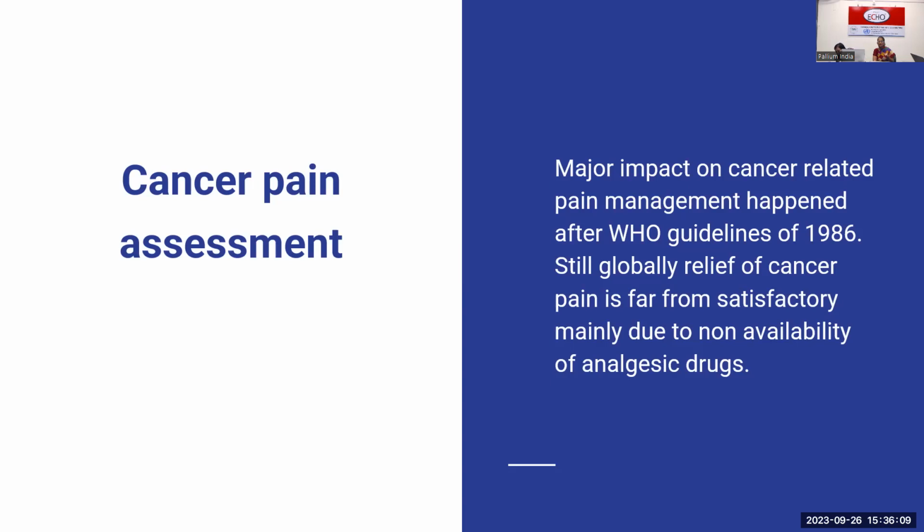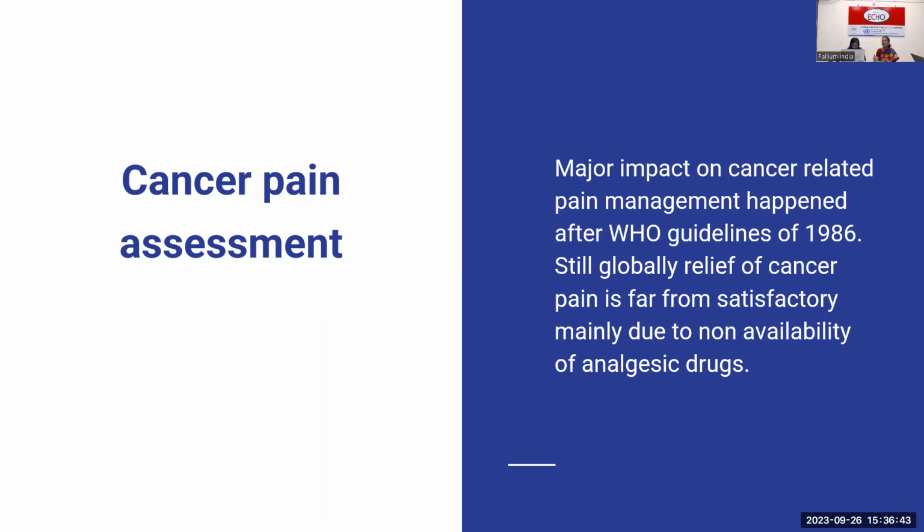How is it different and what do we need to know? Major impact on cancer-related pain management was made by the WHO in 1986, mainly to get a satisfactory response. But still, 1986 is many, many years ago. Even the latest figures say they are able to make analgesic drugs available, but maybe it's available in a country, but is it reaching the person who needs it?